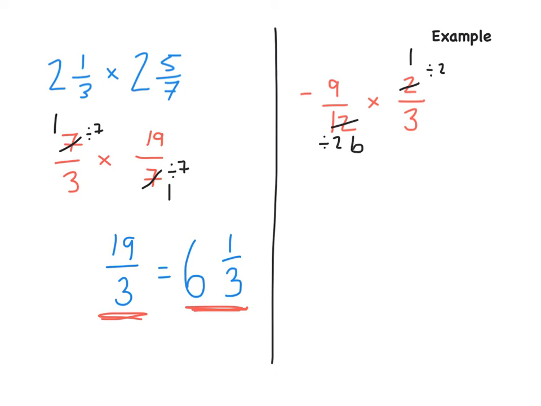So if we want to cross simplify the 9 and the 3, the greatest common factor between the two, we can divide both by 3. So 3 divided by 3 is 1. 9 divided by 3 is 3. So now in the numerator, we have 3 and 1. In the denominator, we have 6 and 1.